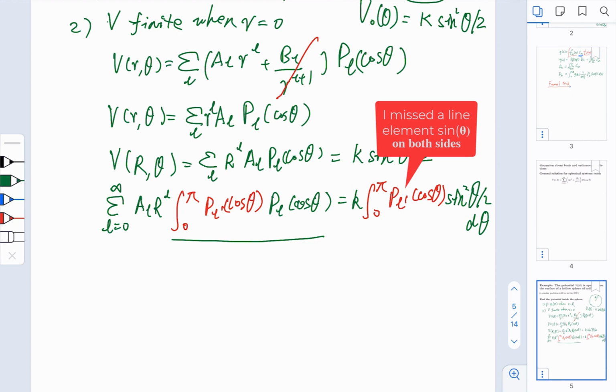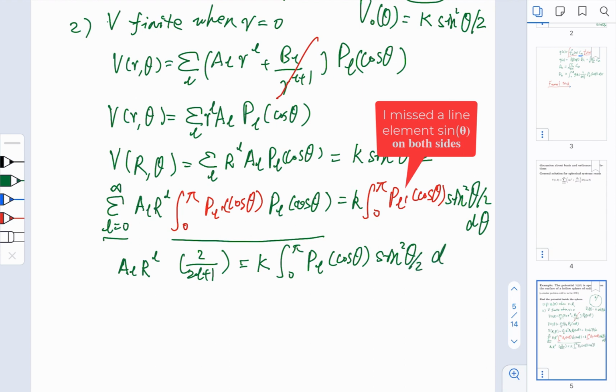So we replace this by the sum of this identity by 2 over L plus 1, which gives us... Now this way we already pull this AL out of the sum, and the AL can be expressed as the integral over here.